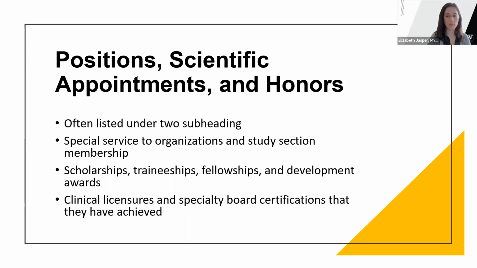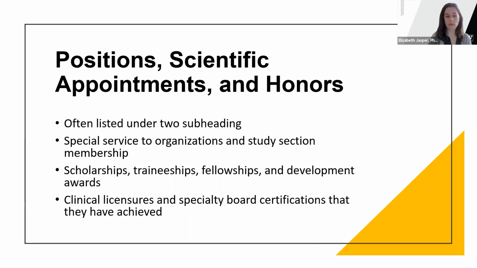And then students, postdocs, and junior faculty really should include your scholarships, traineeships, and fellowships, as well as your career development awards if you have those in this section. And then faculty who are further along don't include anything older than from college or high school.